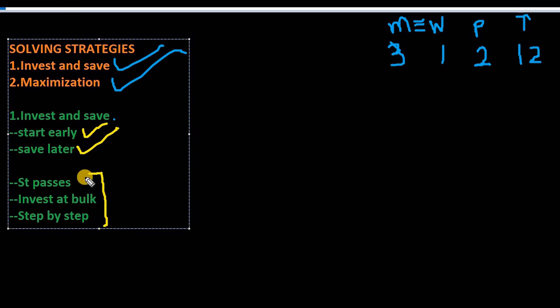So straight passes, ST passes means straight passes. I mean, let's say I have one machine and one worker, so that means the number of candies I can produce in a day is 1. However, let's say my purchasing power is 10. So that means no matter what the target is, let's say the target is 20, in order to purchase a new either machine or worker, I have to stop for 10 days, right?